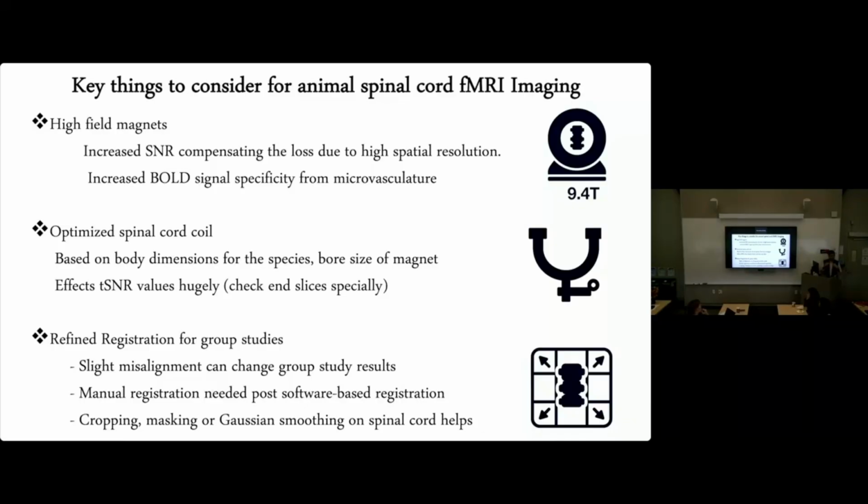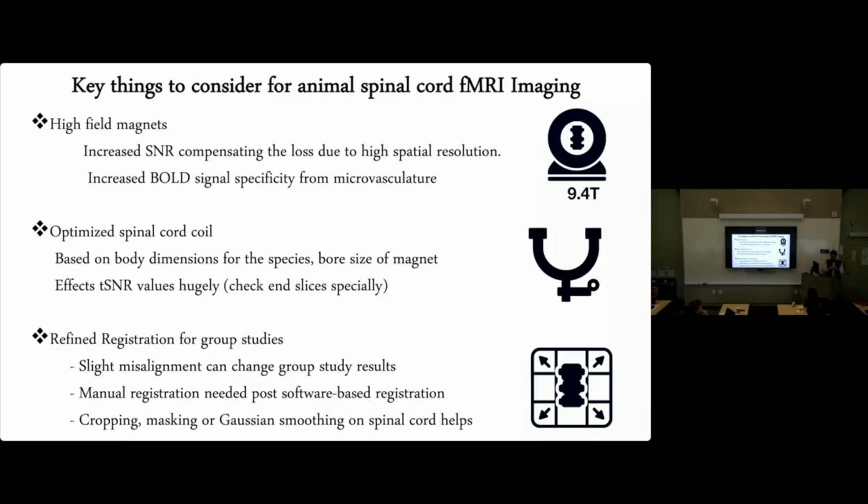We do a very refined registration, and because slight misalignment can affect our results in the group studies, we do manual registration also if required. One tip that I would like to give here is that often we have found that cropping or masking or using a Gaussian filter just to focus on the spinal cord part of the image is immensely helpful for the registration results.